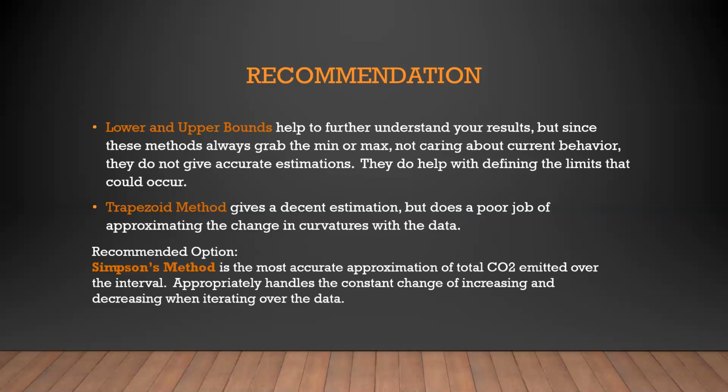Similarly, the trapezoid method does a great job of ballparking the median, finding that middle ground, but it doesn't really give you an accurate approximation based on the behavior of the data. That's why we would recommend Simpson's method, whereas the other ones do a great job of helping you feel more confident about your use of Simpson's method, but they won't be consistently as accurate as Simpson's method.